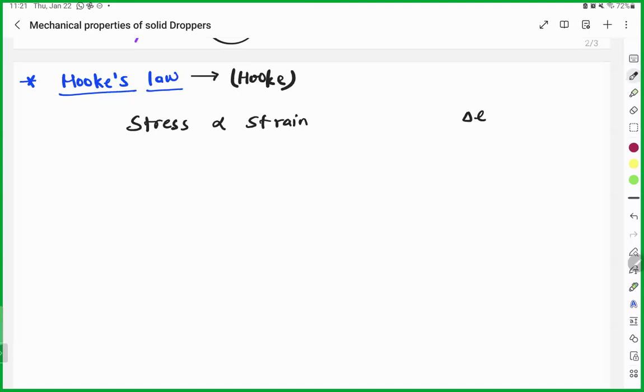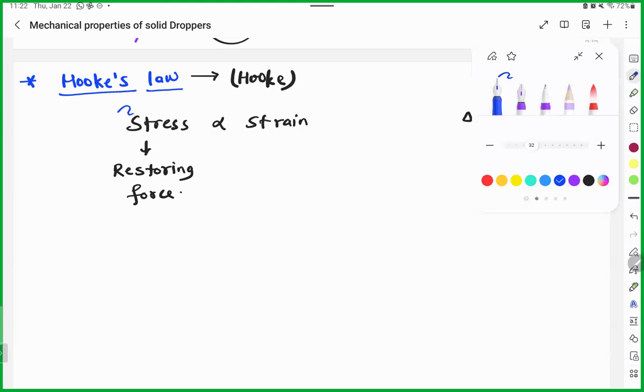Why? Stress means we are talking about restoring force here because area will be same. Our main point is restoring force. If you increase length, then restoring force will be more. Correct?